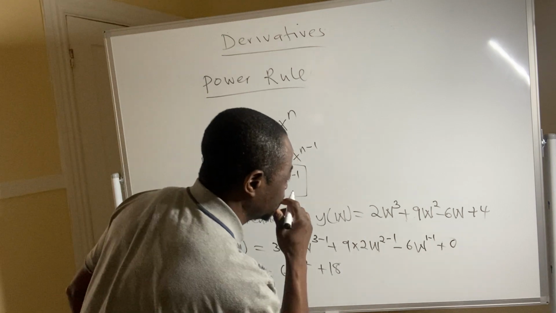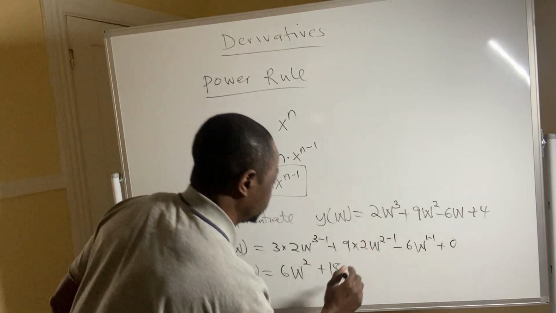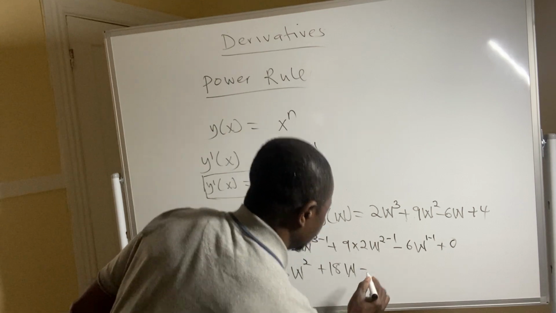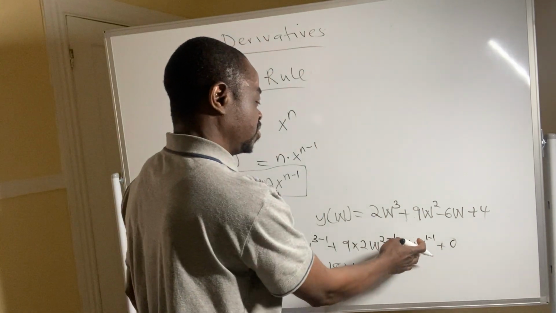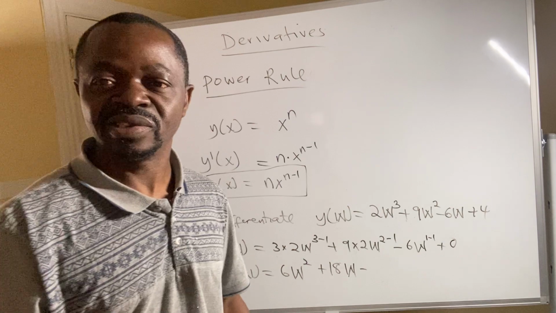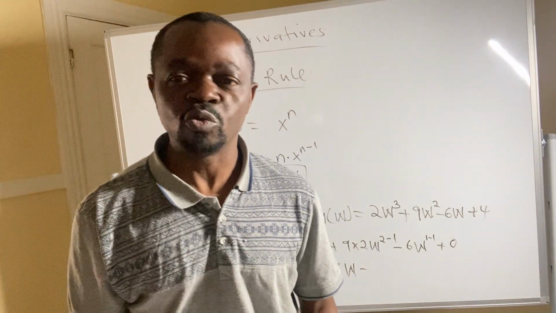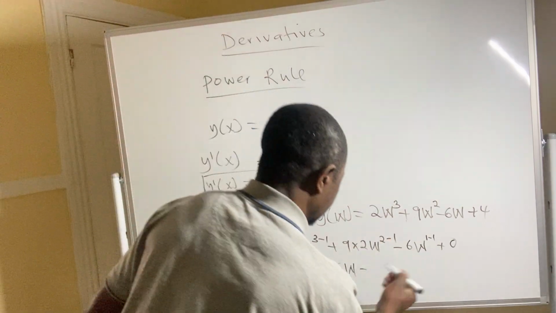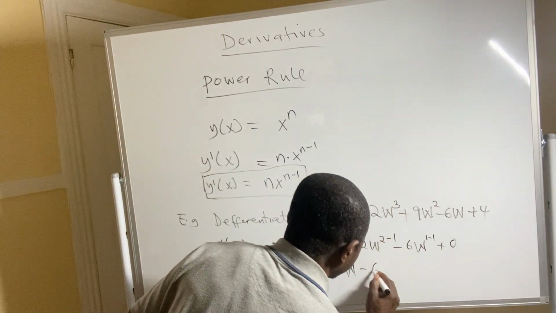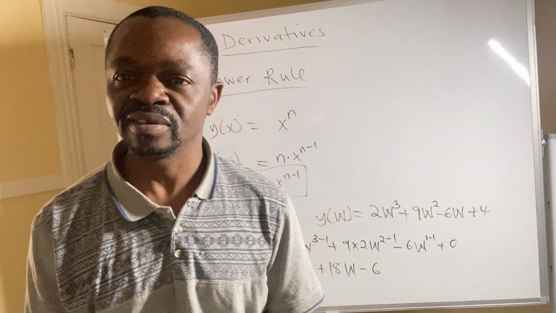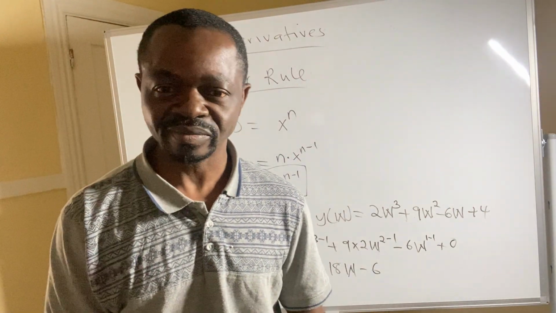Then w raised to the power 2 minus 1. 2 minus 1 gives us 1. So you get w. Then this is minus w raised to the power 1 minus 1. 1 minus 1 is 0. Anything raised to the power 0 is 1. So you have 6 times 1, which is 6. And that is our final answer, which is very simple.